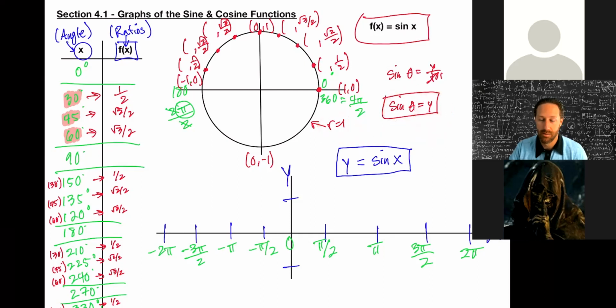It's y. The radius is 1. But sine, because it's always the y over the r, if our r is 1, then we know that sine is equivalent to the y value.